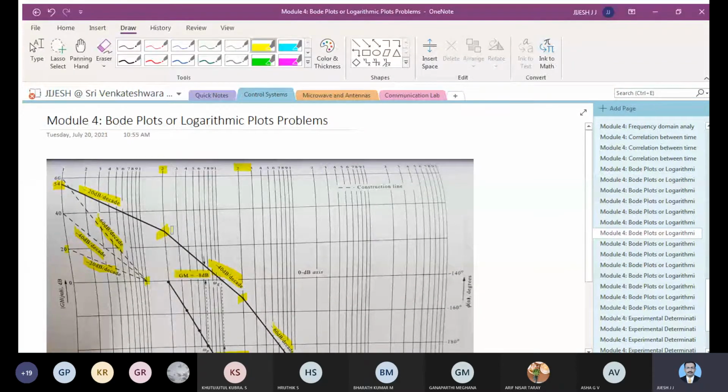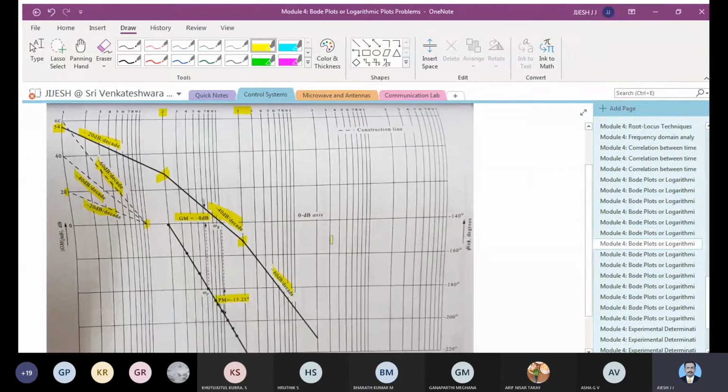From here again you take minus 40 dB per decade. Keep the scale along minus 40 dB per decade and draw the line parallel to it. It will be extended till the next corner frequency, which is drawn here. Further, you can refer to the table.